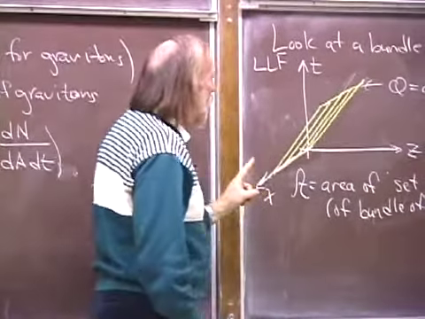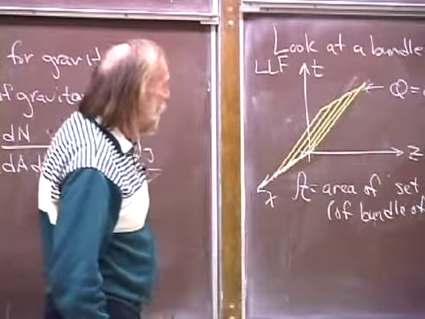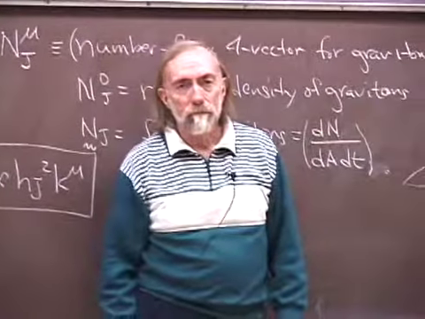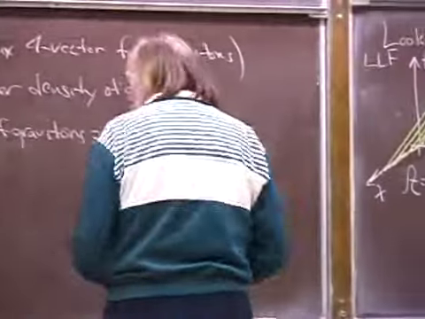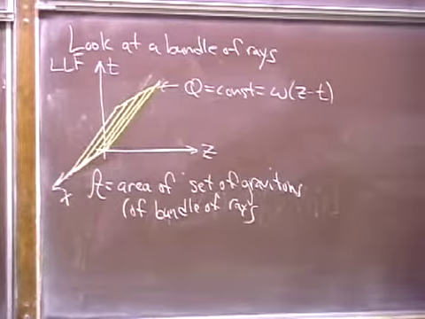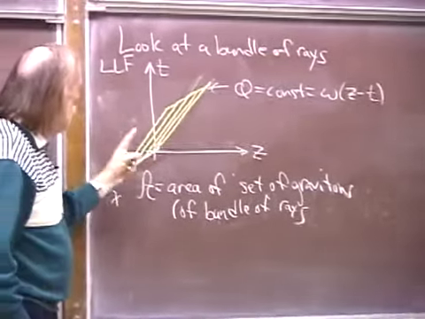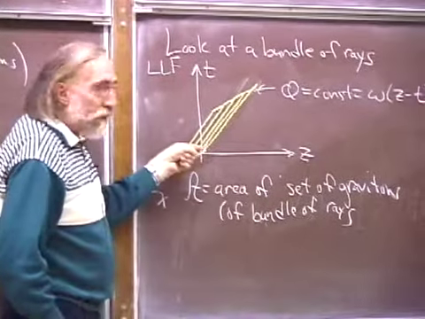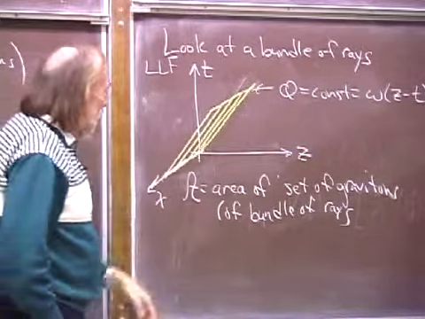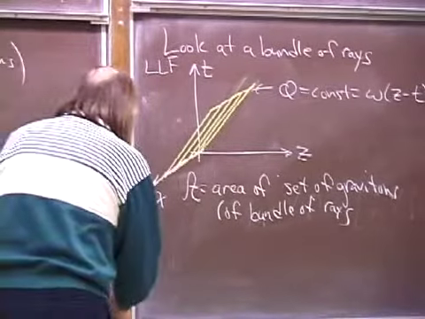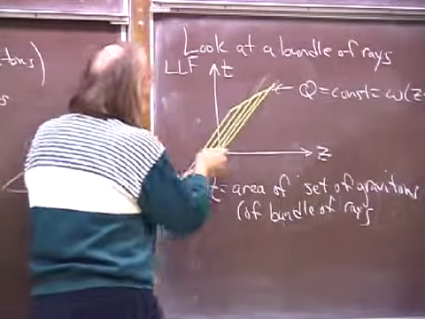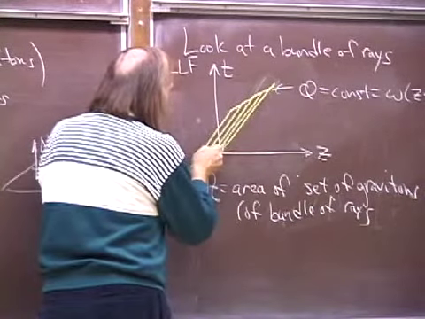So I want to make a key statement, and that is that this cross-sectional area is independent of the reference frame in which we measure it. Why is it independent of the reference frame in which we measure it? Well, suppose we made a boost to a reference frame that's moving not in the z direction, but in the x direction with respect to this one. If we're in a reference frame moving in the x direction, then a slice of constant time in this new reference frame will be a slice that is tilted up like that.